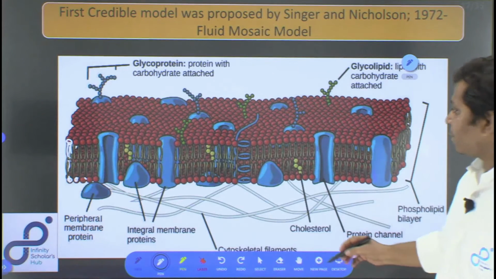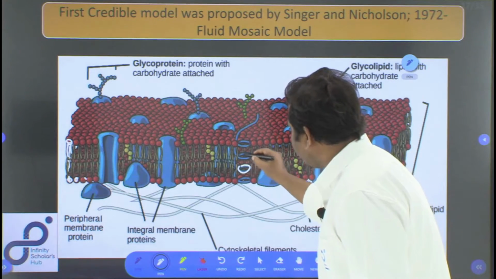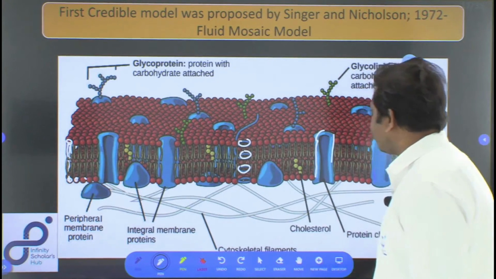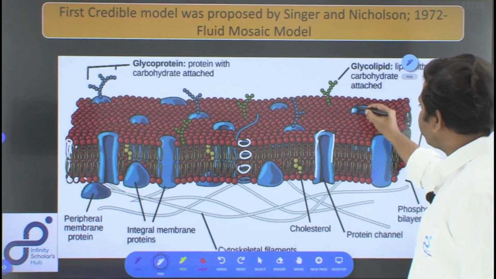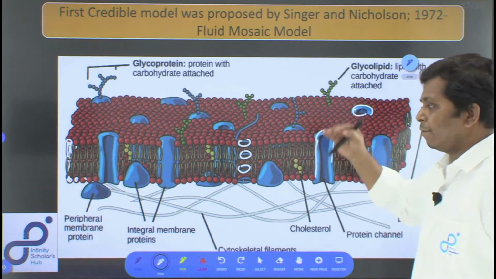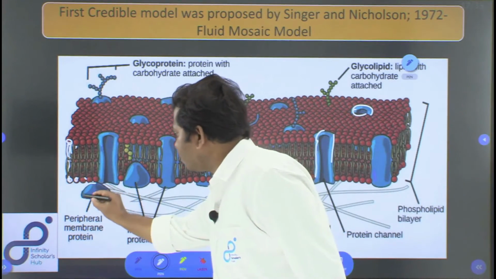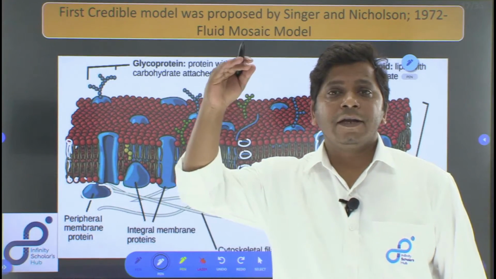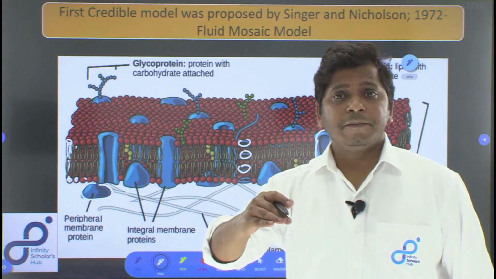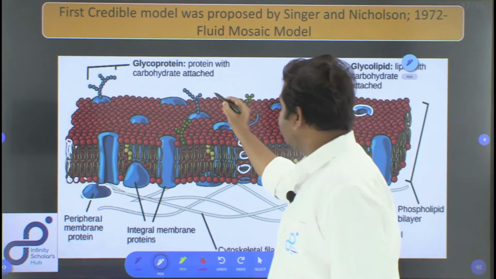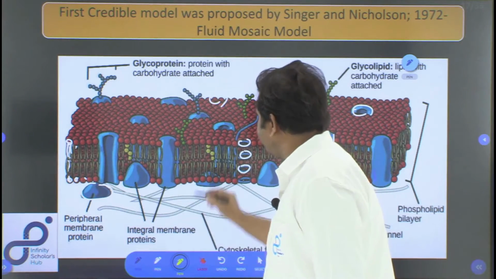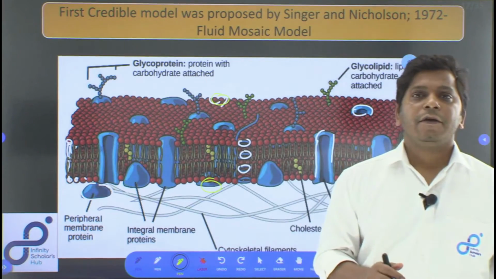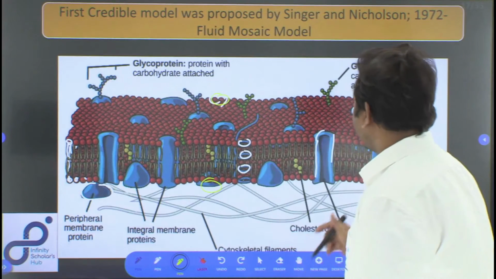The proteins can be present inside the membrane, as you can see here, and the proteins can also be present on the periphery, on the outside of the membrane, like this. The proteins which are associated with the outer layers of the membrane, both the inner part as well as the outer part, either here or here, will be called peripheral proteins.